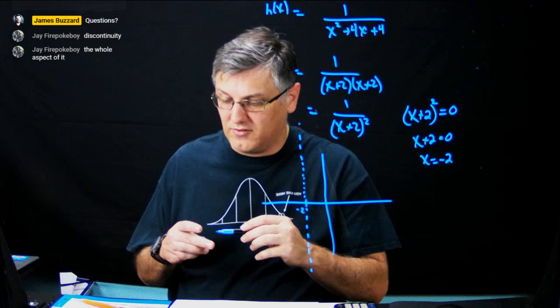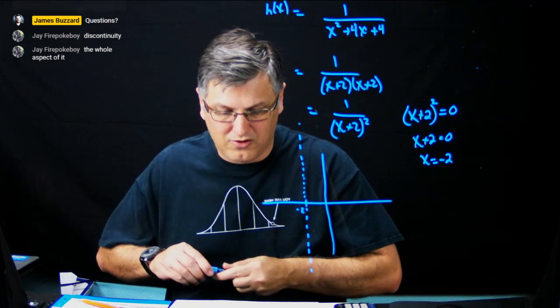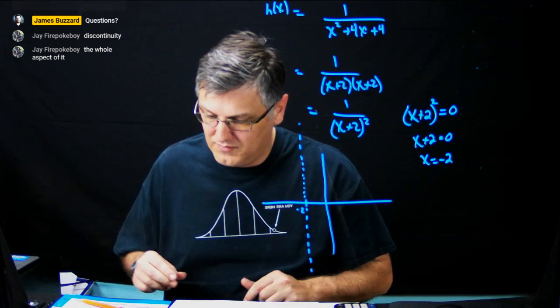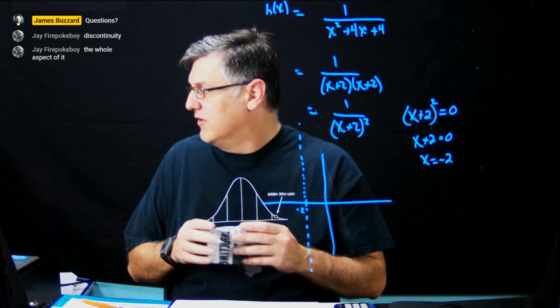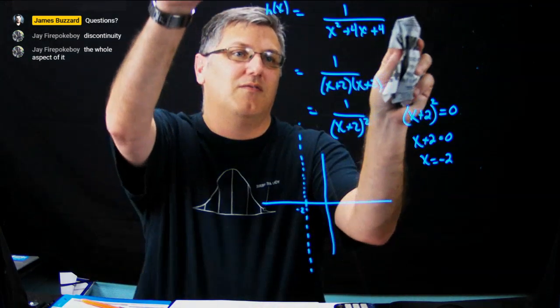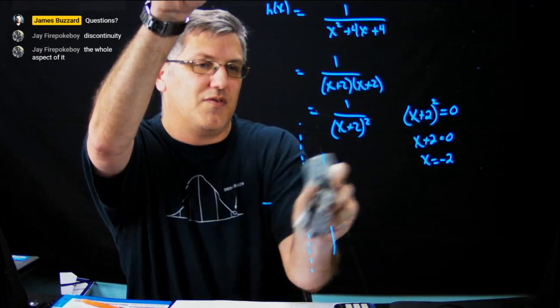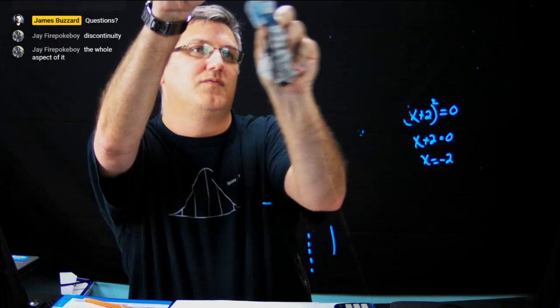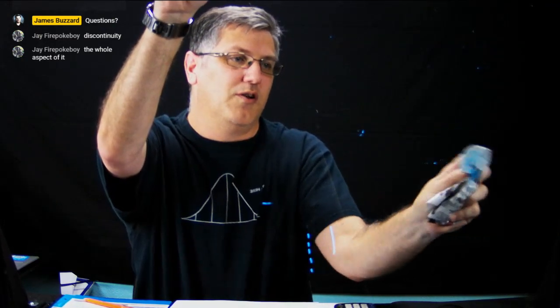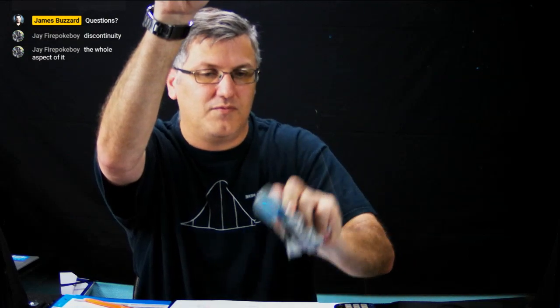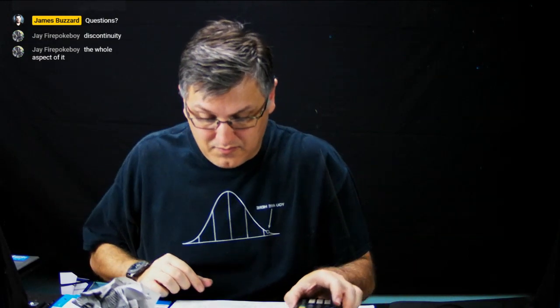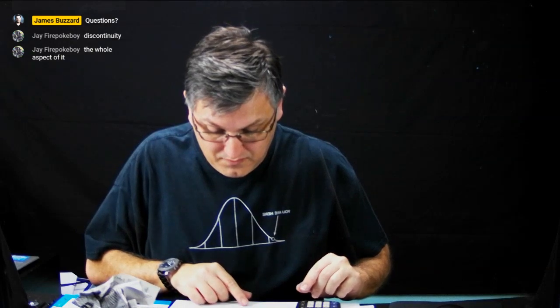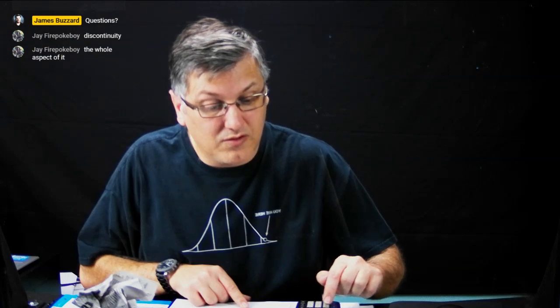Never mind, this is a bad example. When I actually go to graph this, this is a bad example. Sorry about that, Jay. Let me graph these first. Yeah, so we'll do a vertical asymptote one.